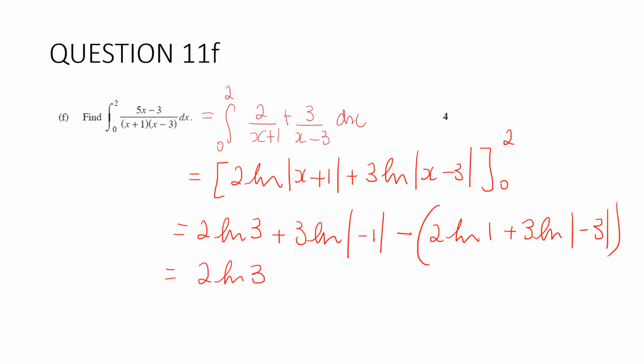Now, we have absolute values here, so this is the same as 3 ln 1, which of course is 0. Take away 2 ln 1, that's also 0. And then take away 3 ln, and the absolute value of negative 3 is 3. And our answer is negative ln 3.